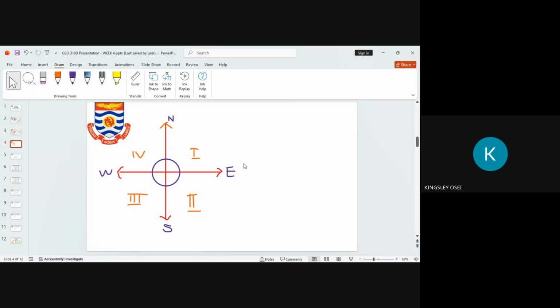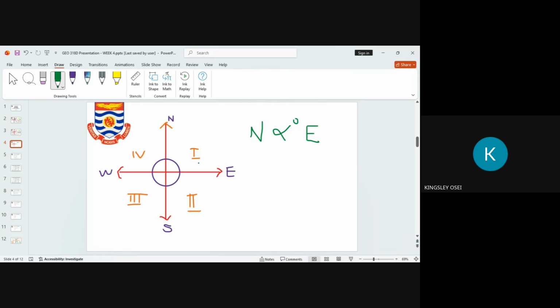So when you're in the first quadrant, your language is as follows. You define bearing according to this format. Your bearing is always stated according to this format. When you're in the first quadrant, let me use green or purple. Which one will come nice? These are green. When you are here, this is how you call bearing. It's north, alpha degrees movement towards the east.